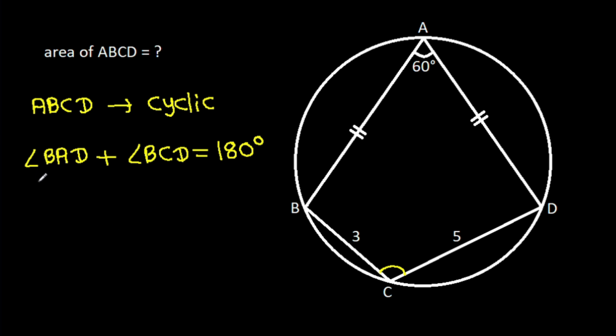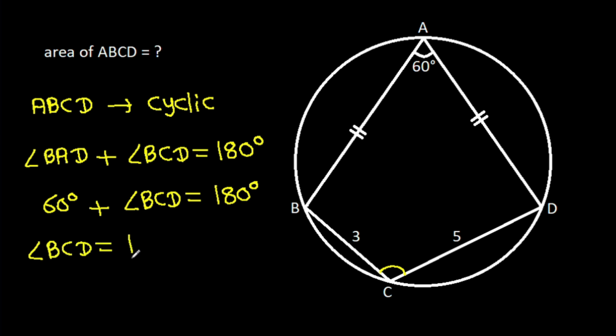Angle BAD is 60 degrees, plus angle BCD is 180 degrees. So angle BCD will be 180 degrees minus 60 degrees, that will be 120 degrees. So this angle is 120 degrees.